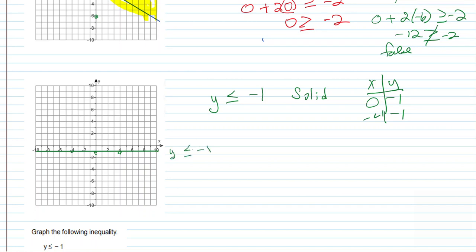So we're going to use the test point of 0, 0. 0 is less than or equal to -1, and this is false. So it's not at this point, it is below.